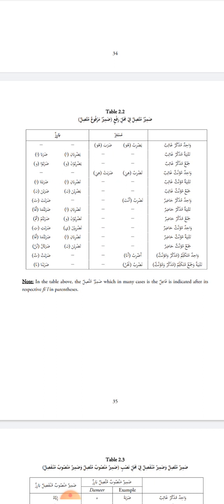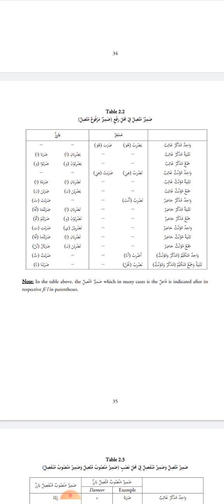What's tasniya? Tasniya is dual, two doers of the action. So tuma, this is damir baris, used for tasniya mudhakkar hadir, dual masculine second person.